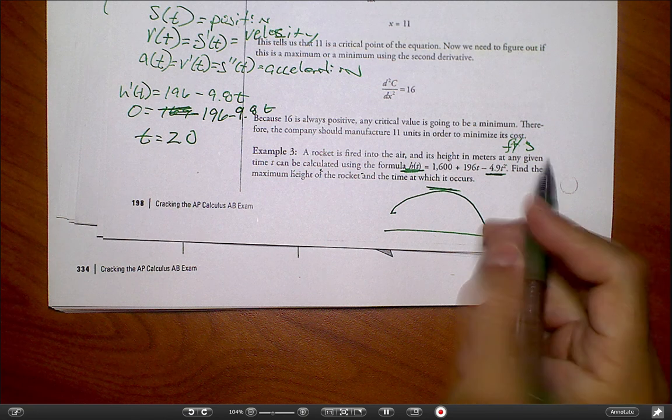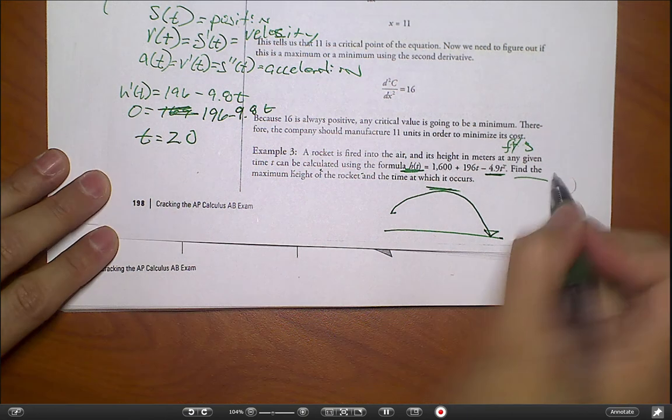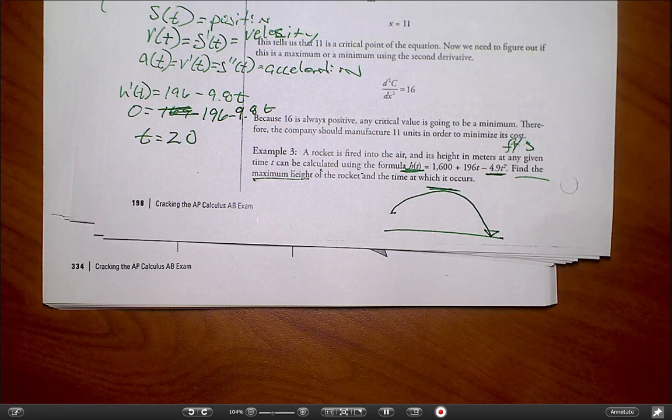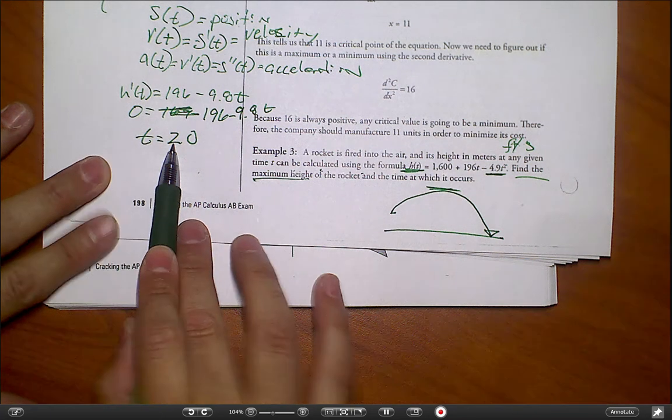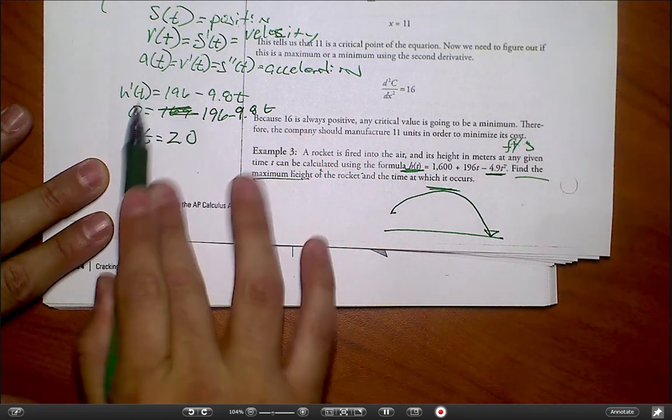But let's go back to the question. Find the maximum height. So I know when the maximum height is. What do you think I should do to find the maximum height? Plug it in. Very good. I'm going to plug 20 into my function, which is a function of my height.